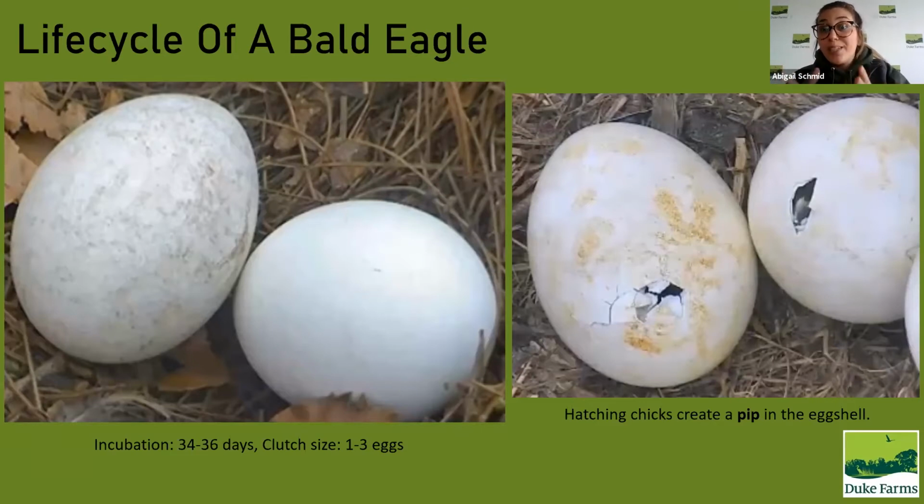So this is a really big moment when paying attention to the eagle cam, because you've waited all of this time. You've seen the eagles build their nests, fixing their nest. You've seen them incubating their eggs for over a month, and now finally we're seeing the pip in the egg. So this is a really pivotal moment if you're big into watching eagle cams.